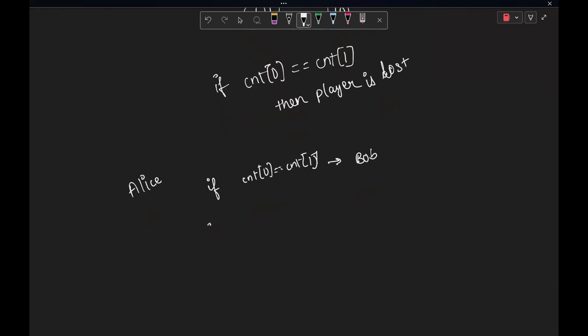But what if the absolute difference of count 1 and 0, basically if 0 is coming up one more time than 1, or 1 is coming up one more time than 0?